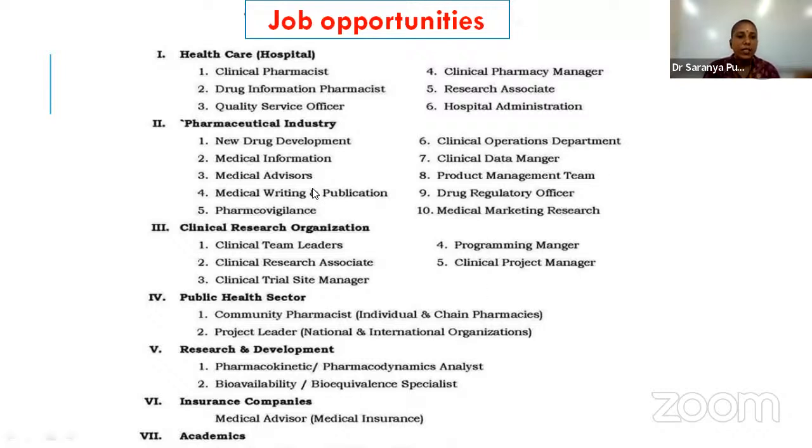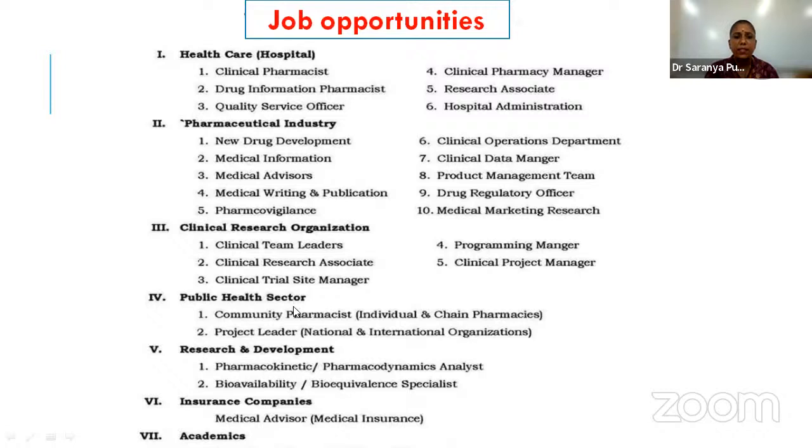And in pharmaceutical industry, we discussed, you can be involved in research, new drug development, medical writing, clinical data management, regulatory affairs, medical marketing research, and in CROs, contract research organizations, you can be clinical team leads, clinical research associate, programming manager, monitor, and all.